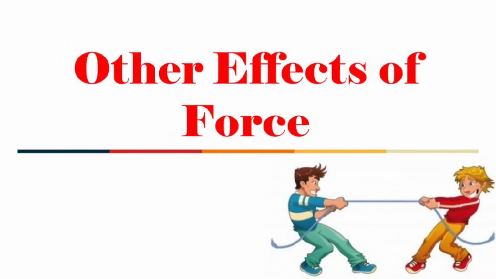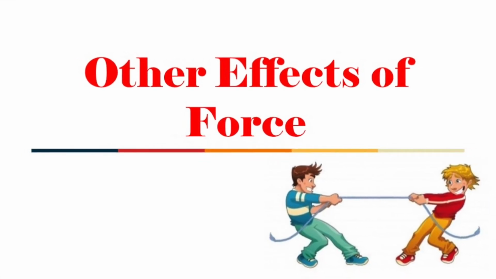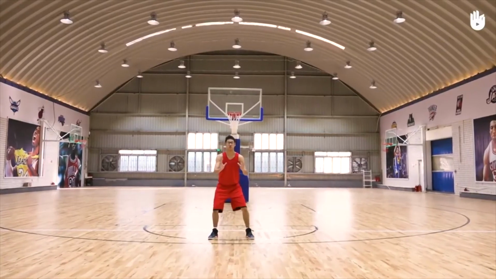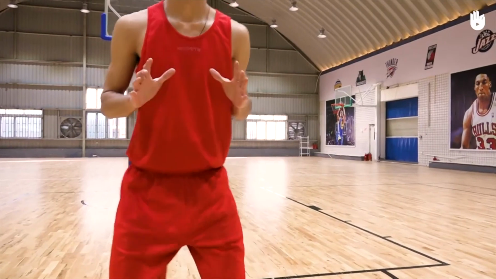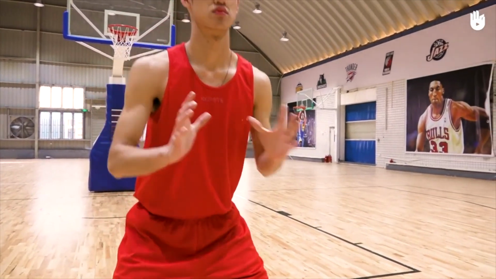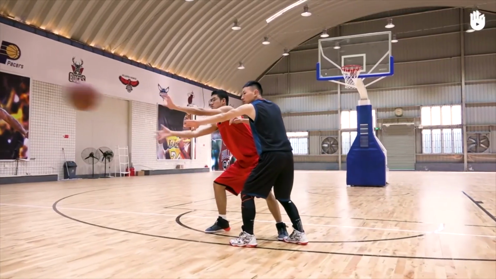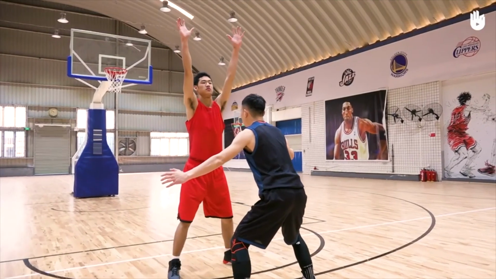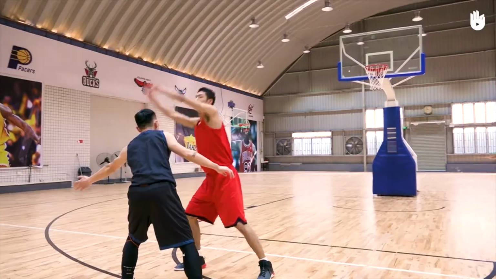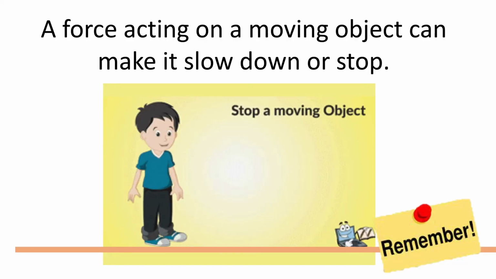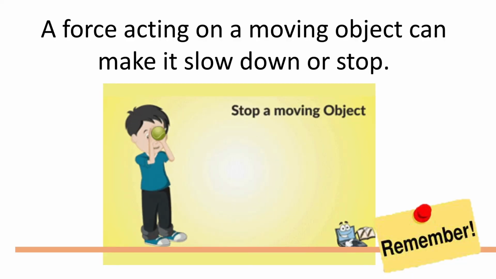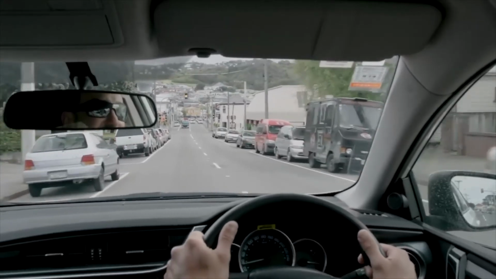Now, let's take a look at the other effect of force on objects. If an object is moving and force is applied in the opposite direction, the object will slow down or stop from moving. For example, if a ball is thrown towards you and you happen to catch the ball, it will cause the ball to stop from moving.